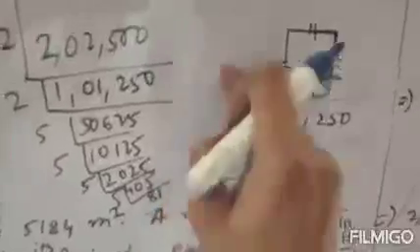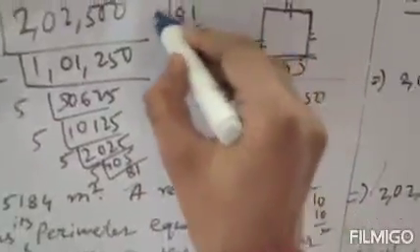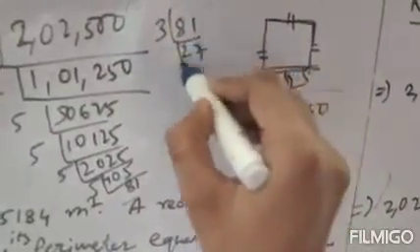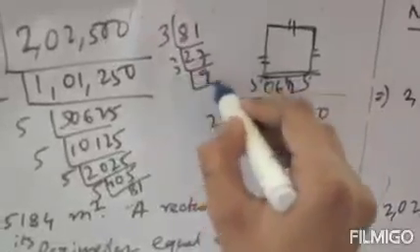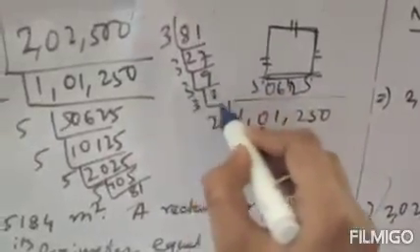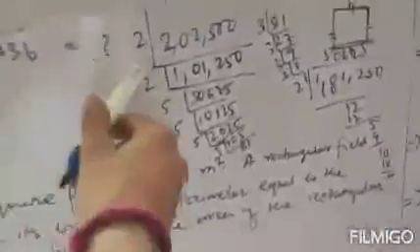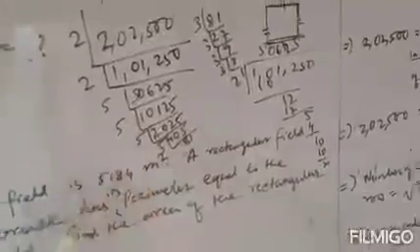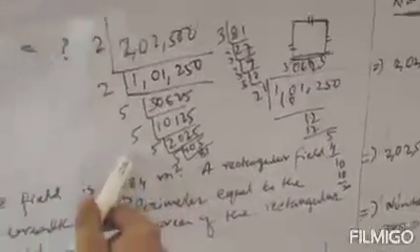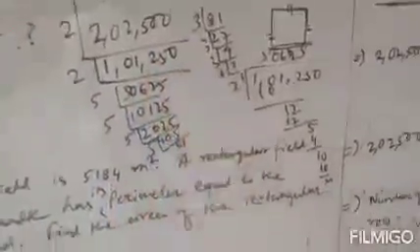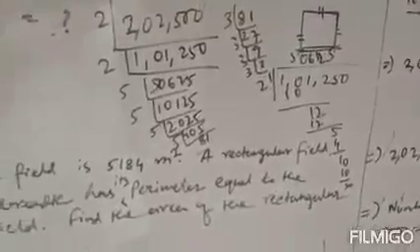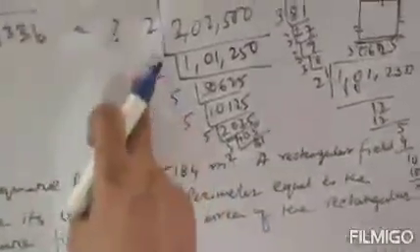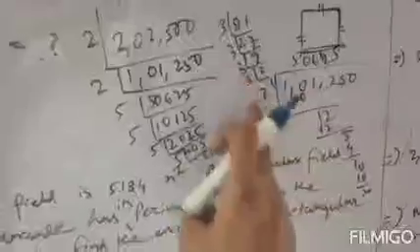Now I'll continue from here. 81, 3, 3, 1. So how many? There are 2 twos, and 3 fives, and 4 threes. Clear? So 2 twos, 4 fives and 4 threes.